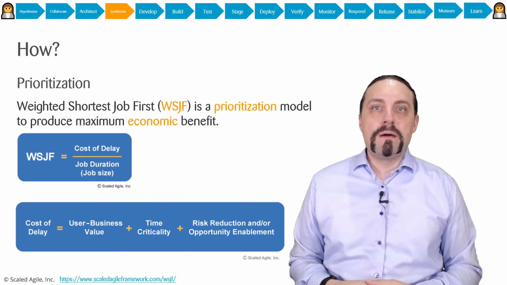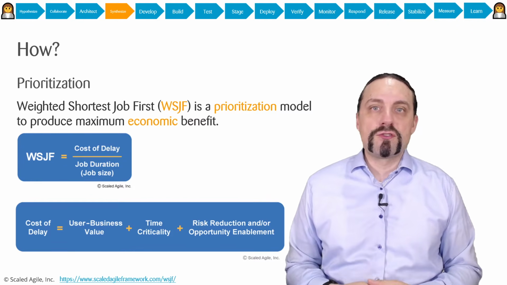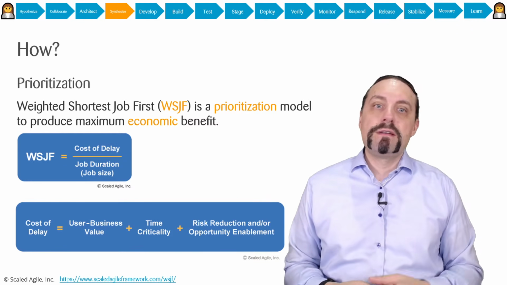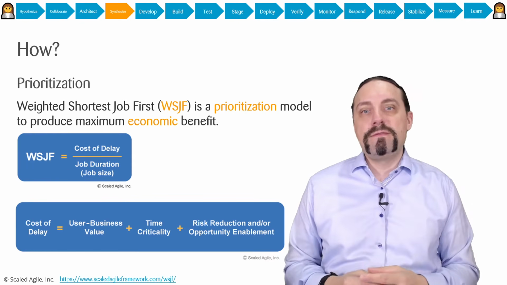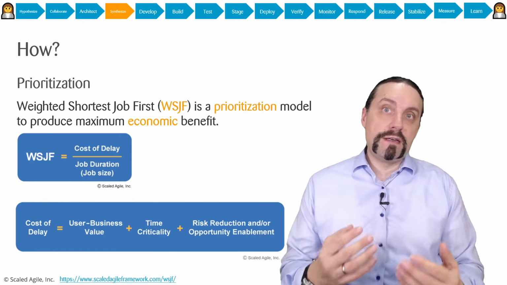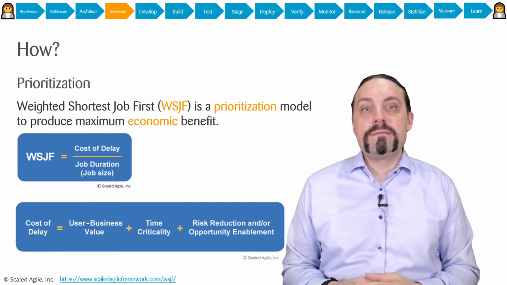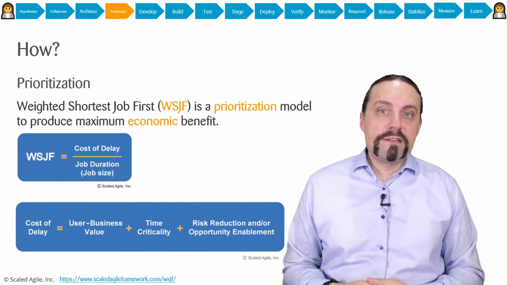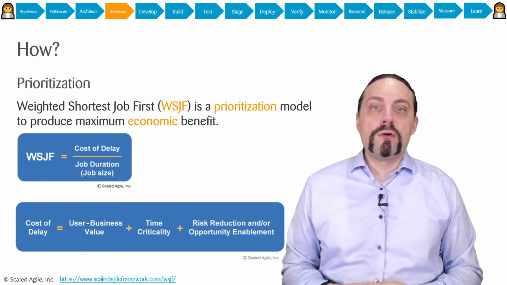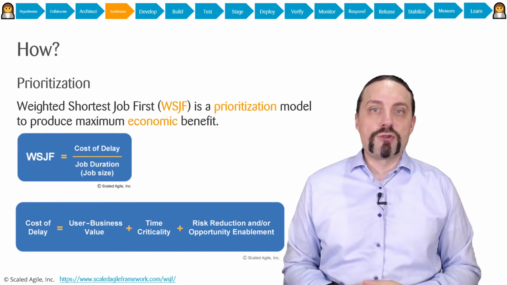SAFe has come up with the weighted shortest job first prioritization model, which ensures that we produce a prioritization with the maximum economic benefit. Weighted shortest job first is also called WSJF in short.